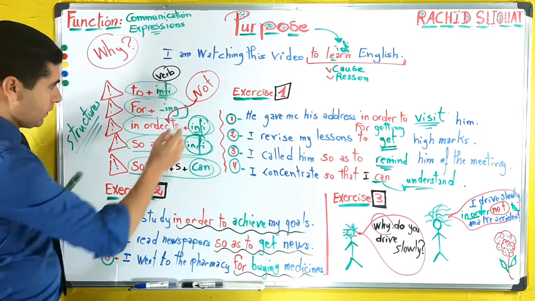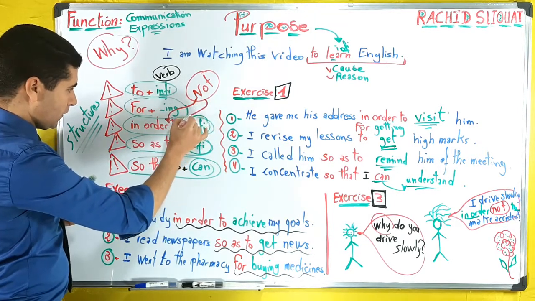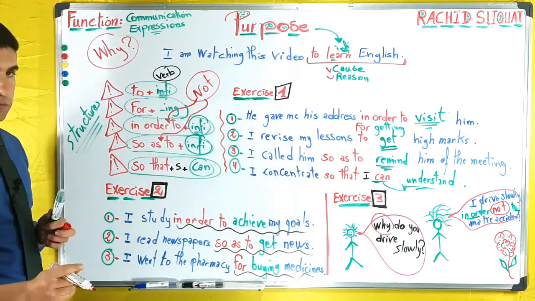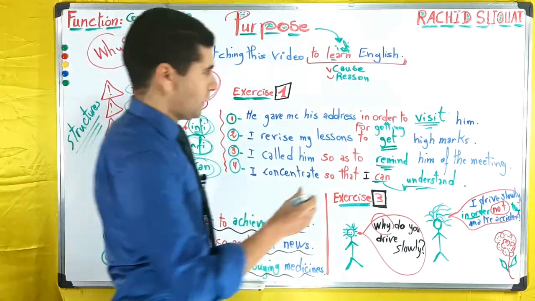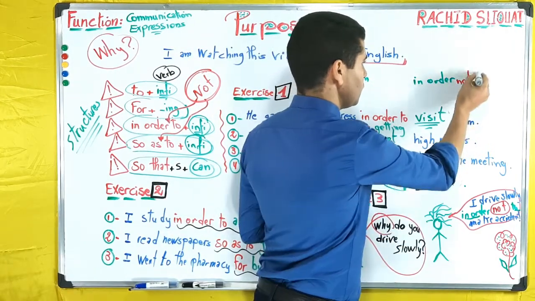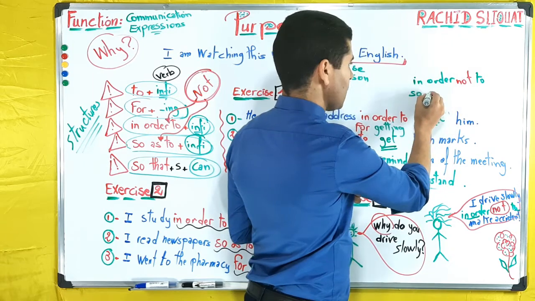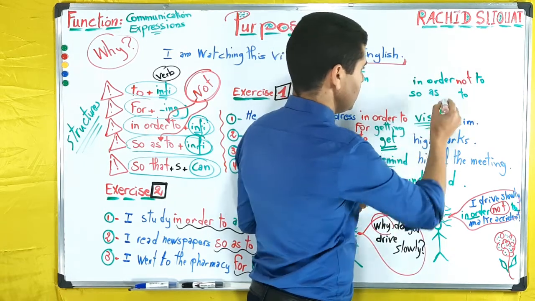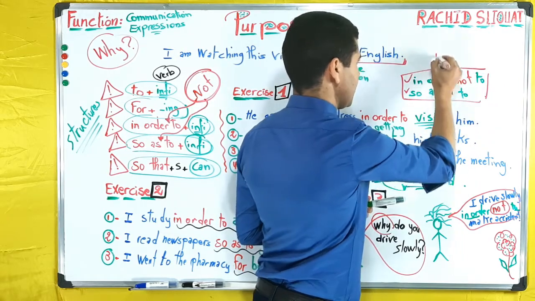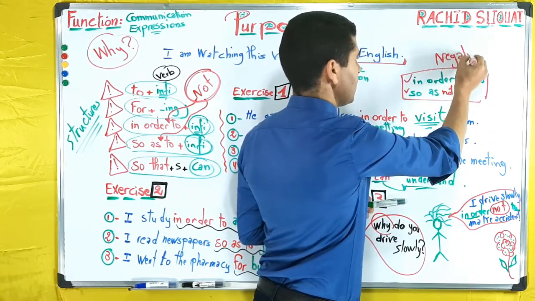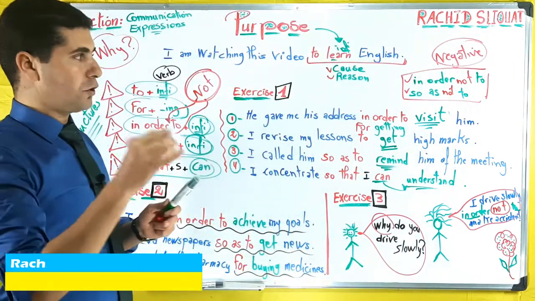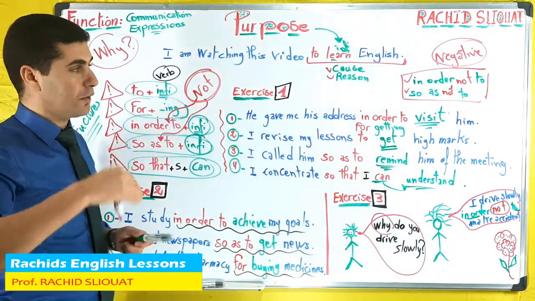Or we can say so as not to. So this is the negative way of expressing the purpose: in order not to, or so as not to, okay?